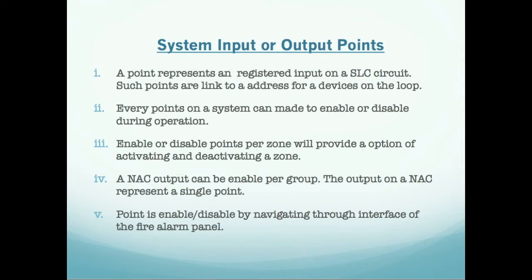A notification output can be made to enable per group. The output on a notification represents a single point. A point is enabled or disabled by navigating through the interface of the fire alarm panel.